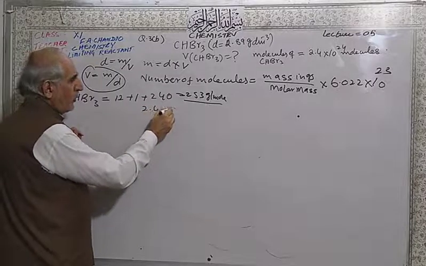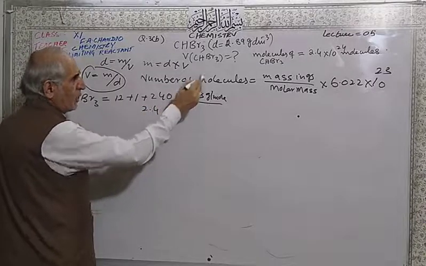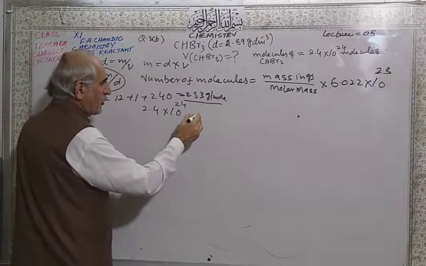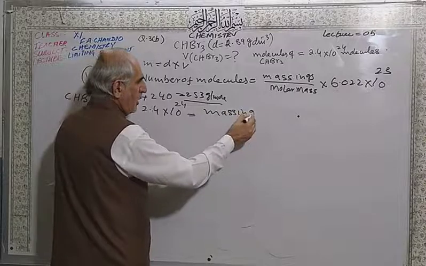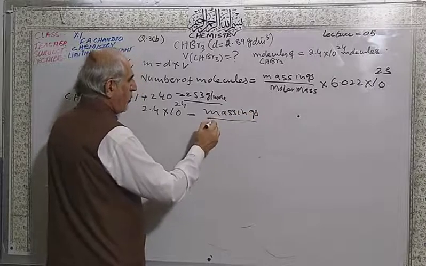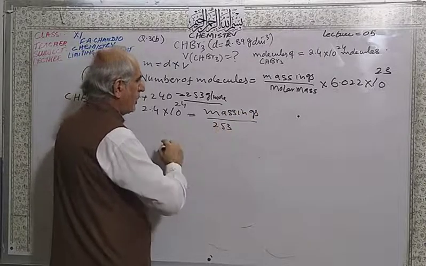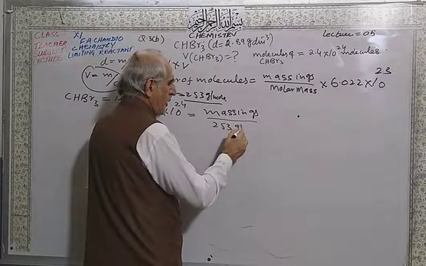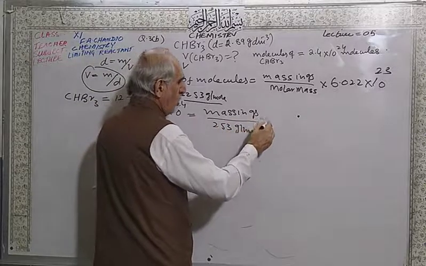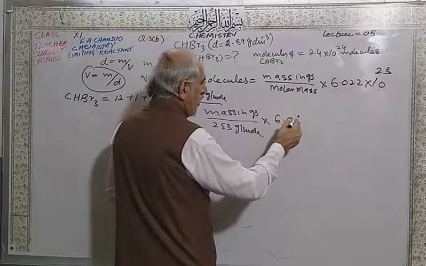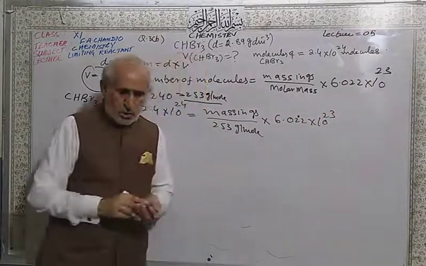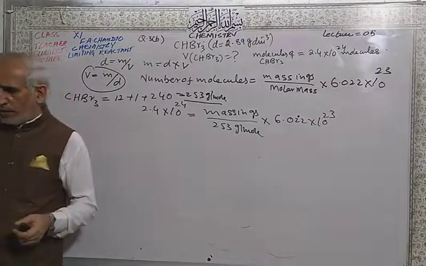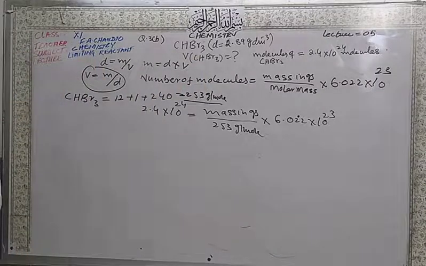2.4 into 10 to the power 24. The number of molecules is equal to mass in grams over molar mass 253 grams per mole, multiplied by 6.022 into 10 to the power 23. So if I am going to calculate the number of grams, what do you have to do?